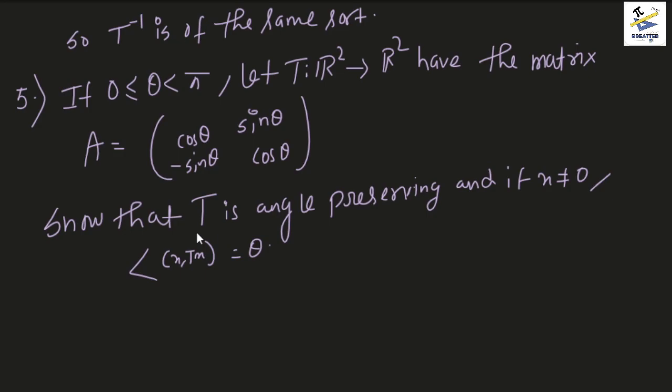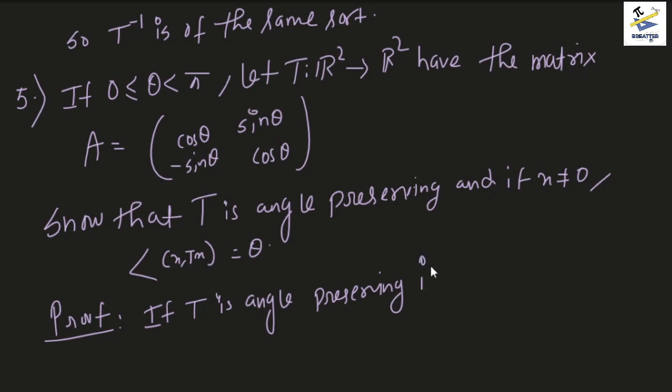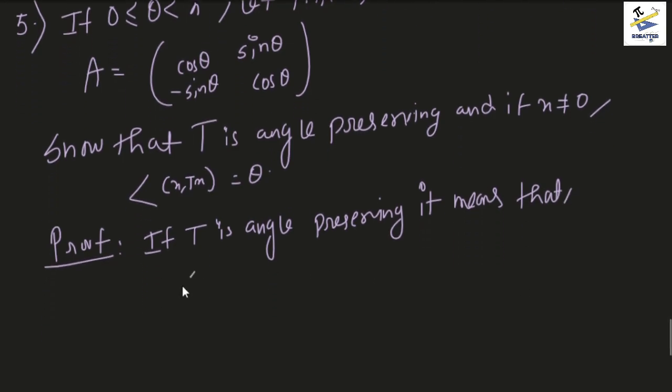So T is angle preserving means, so obviously if T is angle preserving, then let me write it in the proof. If T is angle preserving, it means that the angle between, it is mostly the sign of inner product.